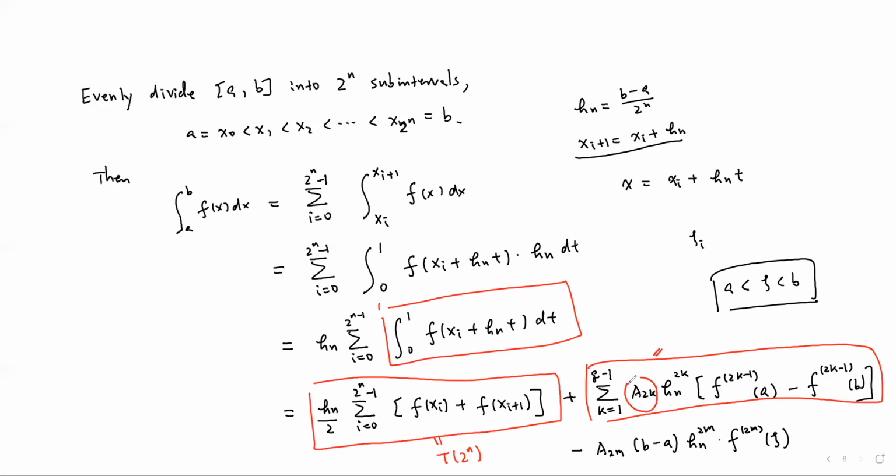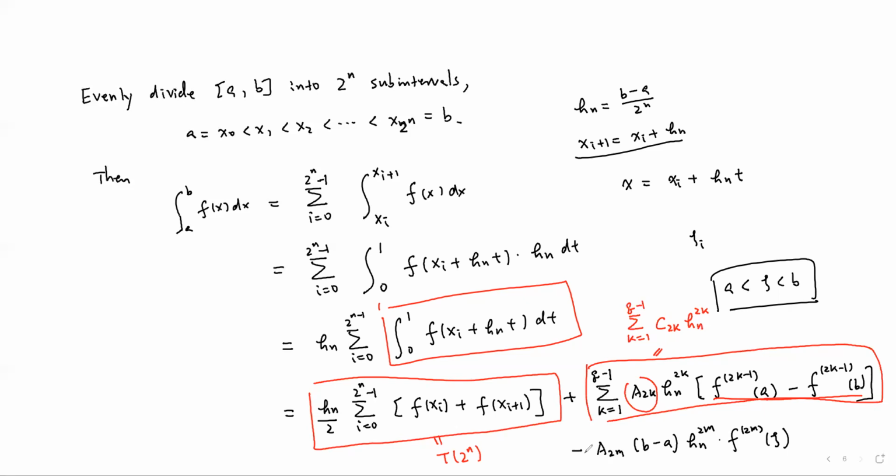This guy, constant. This guy, constant. They don't depend on h. So actually this is a summation for k from 1 to q minus 1 of c_{2k} times h_n^{2k}, where c is a constant that doesn't depend on h_n.